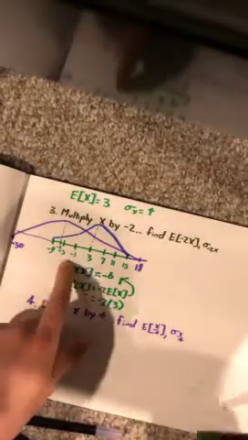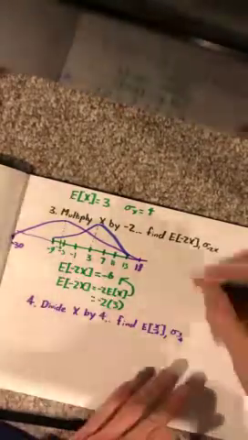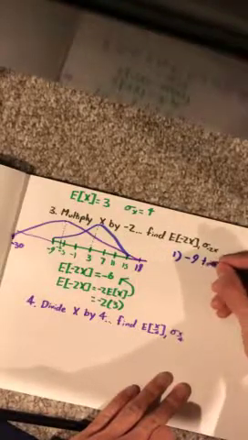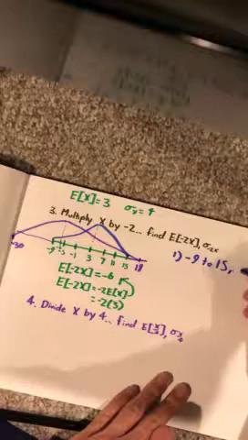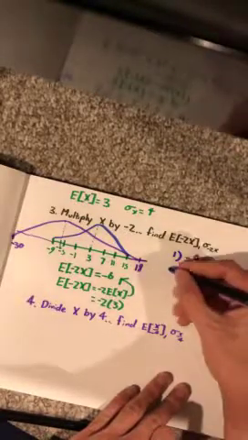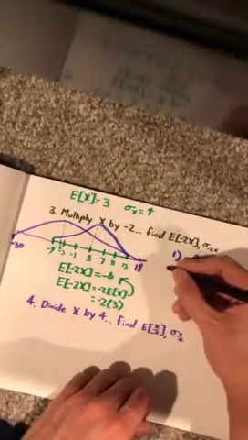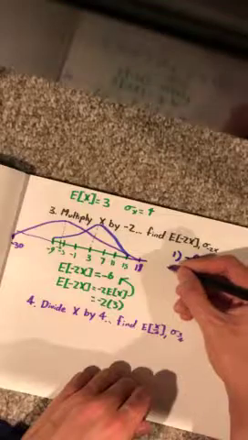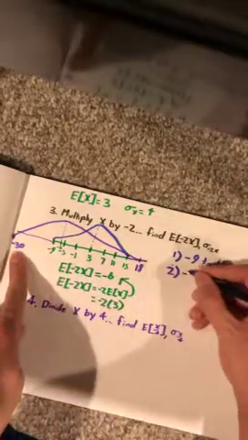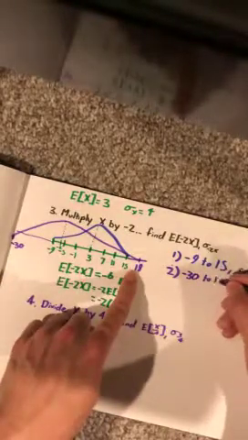Again, you'll see now that our original distribution in blue ranged from -9 to 15, which is a range of 24. And our second distribution in purple, our -2x distribution, ranges from -30 to 18.